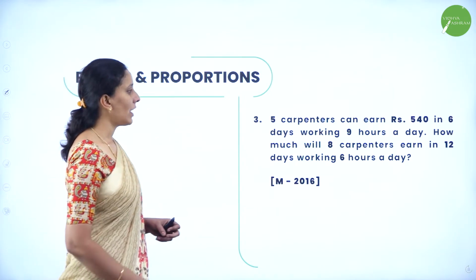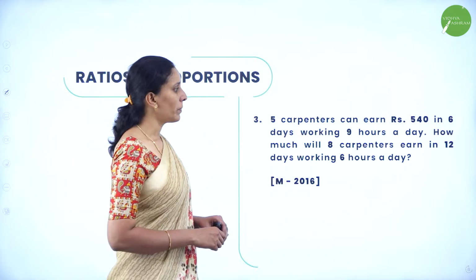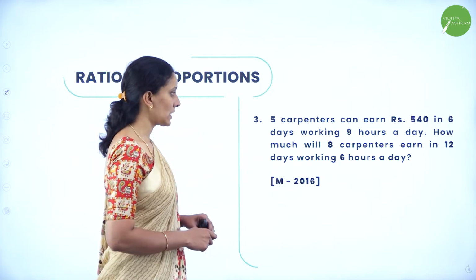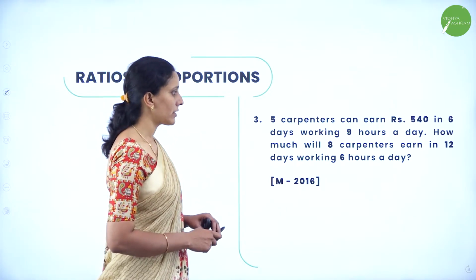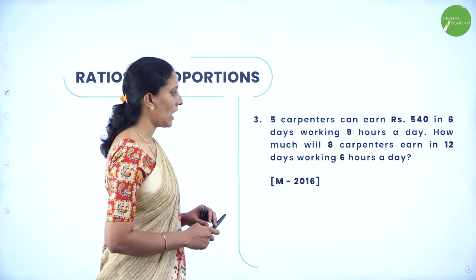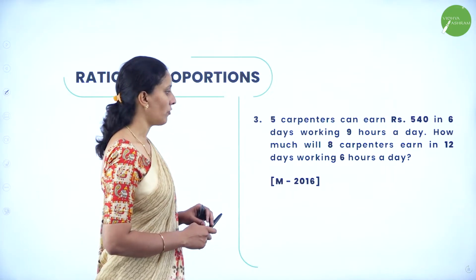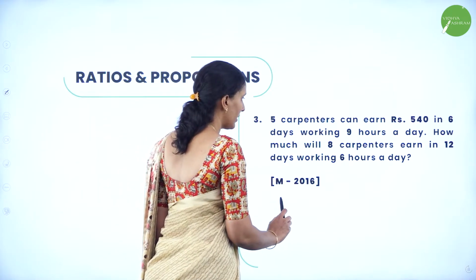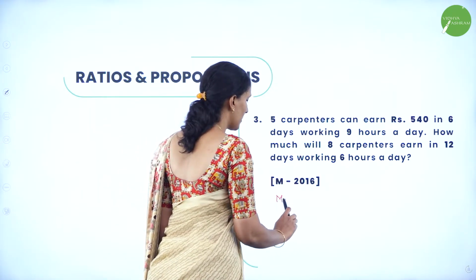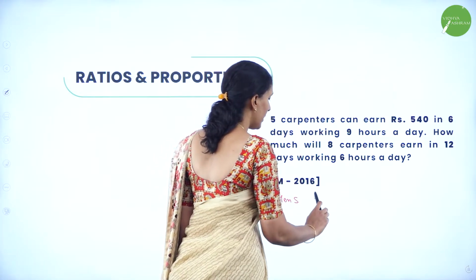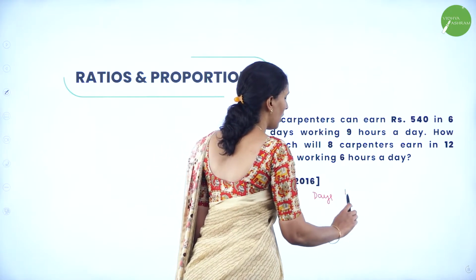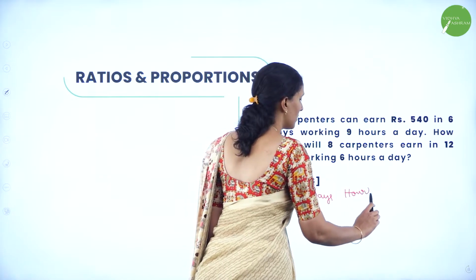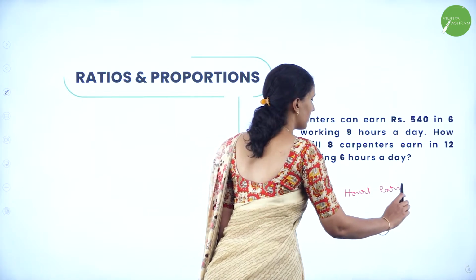Next, 5 carpenters can earn rupees 540 in 6 days, working 9 hours a day. How much will 8 carpenters earn in 12 days of working 6 hours a day? So let's write here number of men, days, hours and earnings.